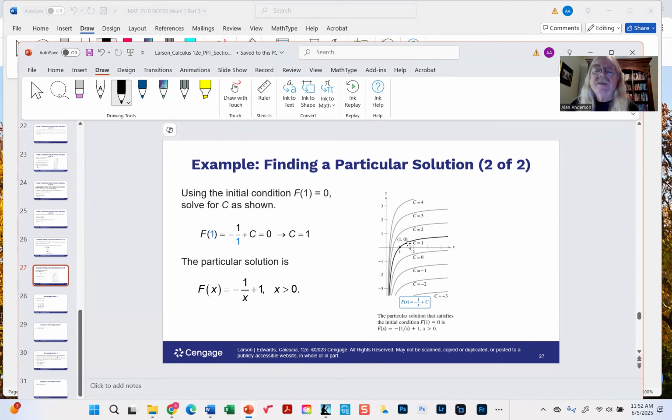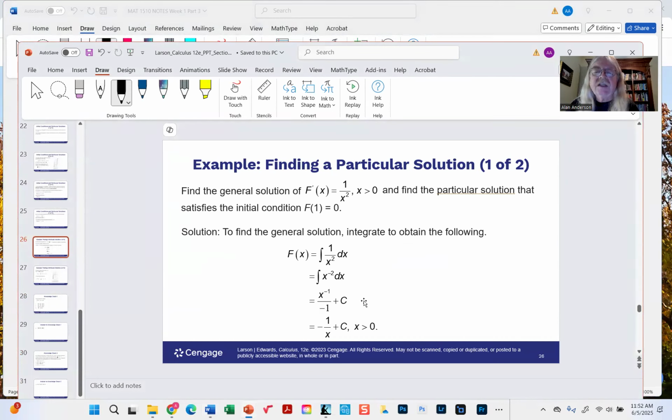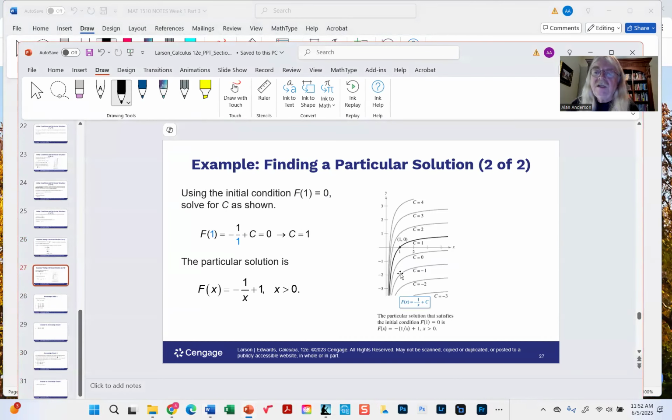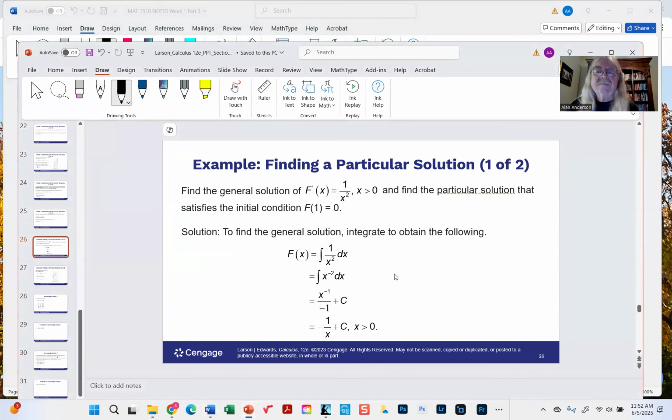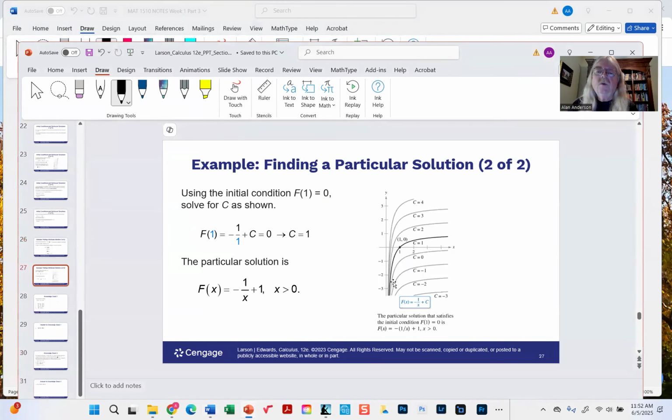In other words, you can see the result here is actually an infinite family of curves, all of which satisfy the integral, but only one of them. If we know the one we're looking for, they're telling us that we must include the point 1 comma 0. So what they're having us do is say, well, all right, here's what you do.